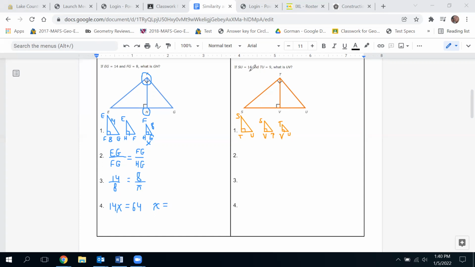Let's go ahead and substitute the known values. SU equals 14. Put that in here. TU equals 9. There's TU right down here.